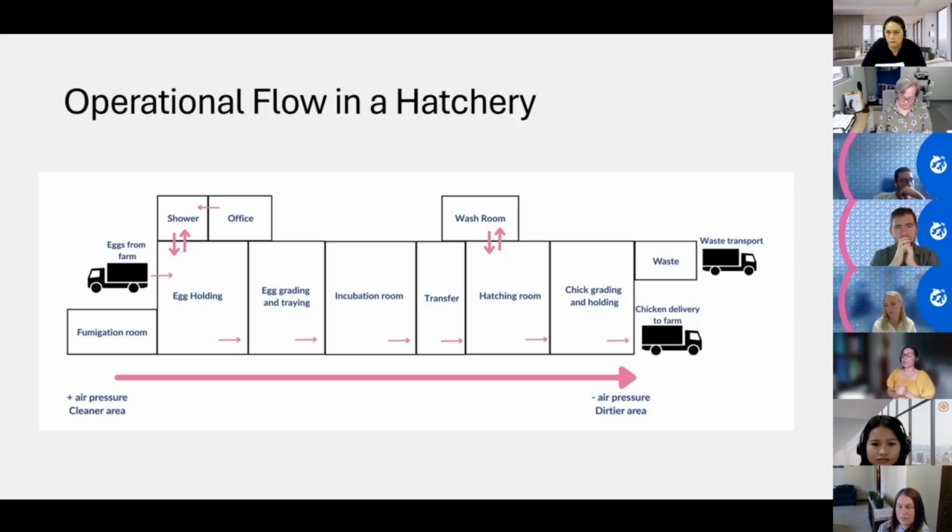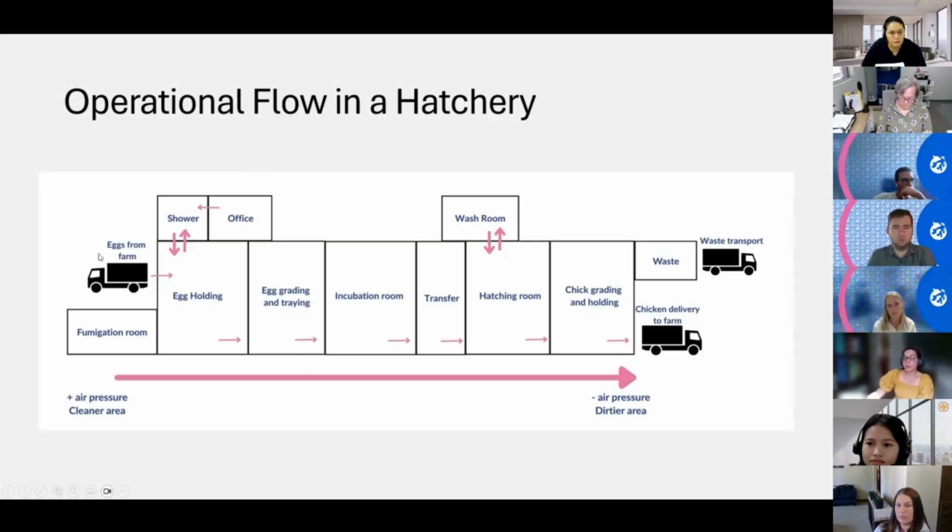But this is practically the flow. You just have one shower, shower in and shower out. It's mandatory, and that's the only way to get into the hatchery building and get out.